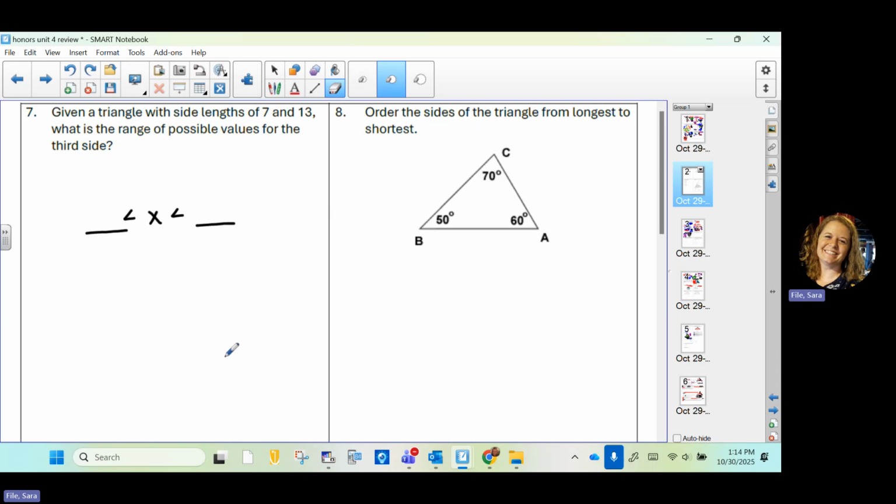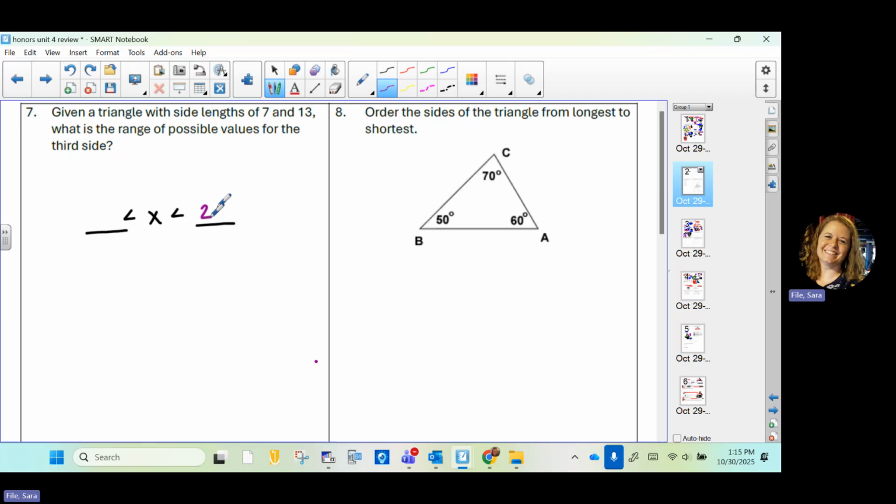So if 7 and 13 were the shortest sides, and it's the biggest side that I'm missing, what's 7 plus 13? So that 20 would have to be bigger than the third side, right? So the third side cannot be 20. It's got to be less than 20.